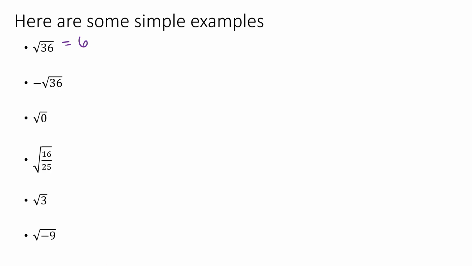Now, this is what I was alluding to before. When we take a square root, we always assume the positive number. And somebody watching this video is probably thinking, well, it is true that 6 squared is 36, but it's also true that negative 6 squared is 36. So if all you're doing is just taking the square root of 36, you assume the positive 6.